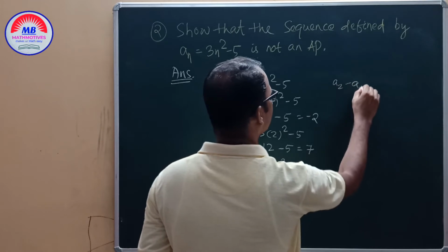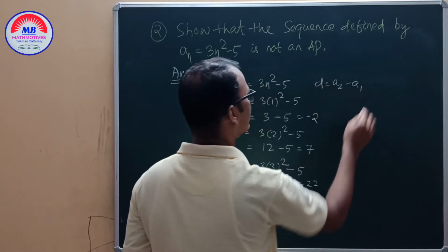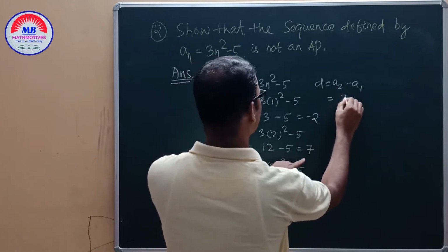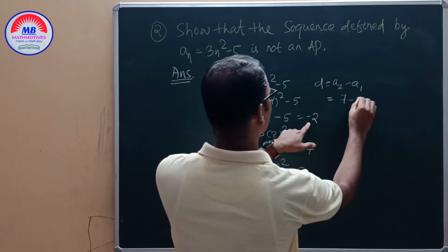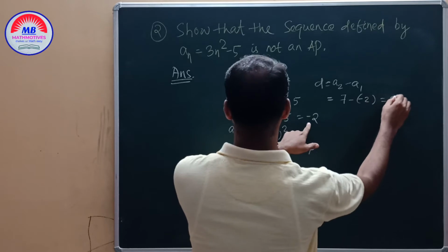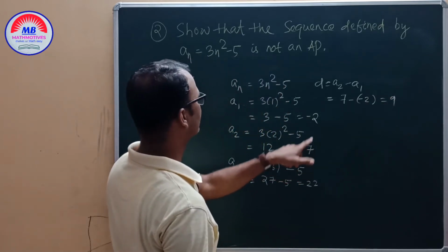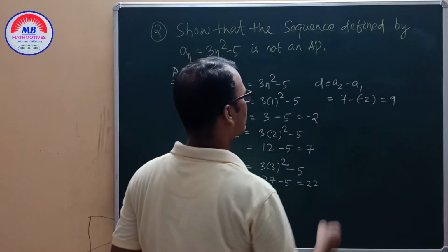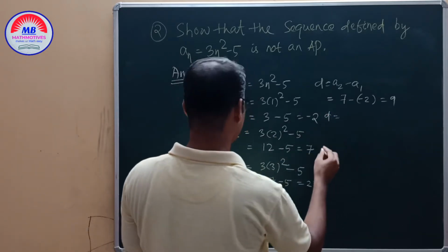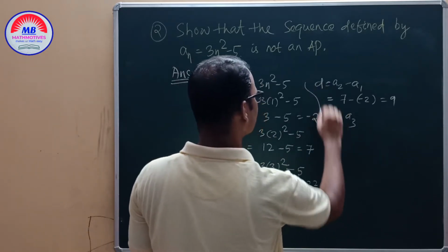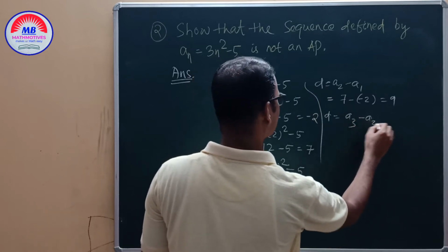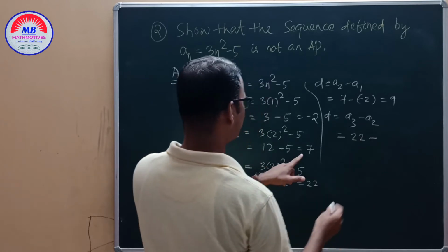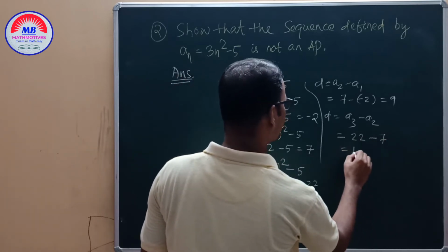You see here, D equal to a2 minus a1. a2 minus a1 is 7 minus minus 2, that is equal to 9. Similarly, if you find D, a3 minus a2, that is equal to 22 minus 7, it is 15.